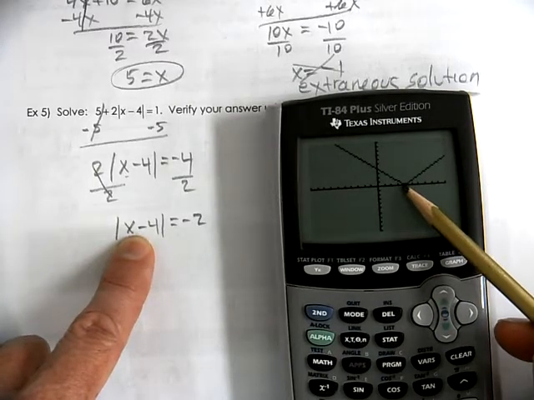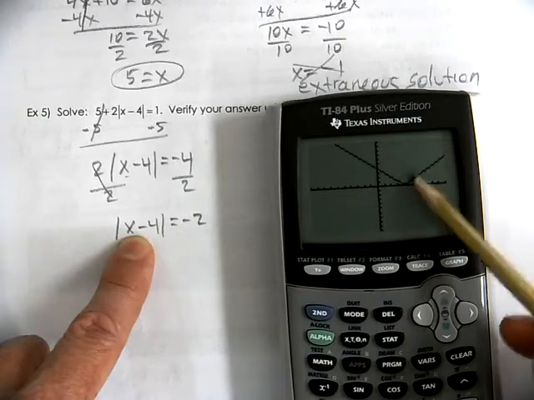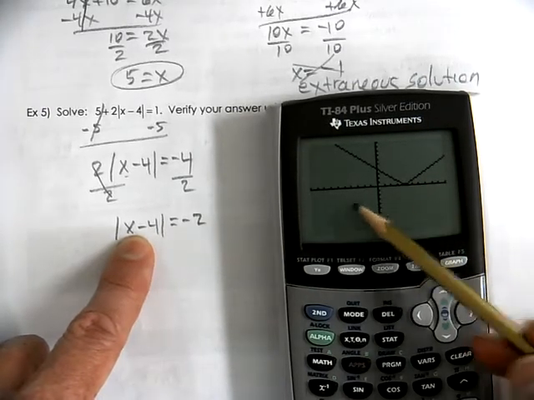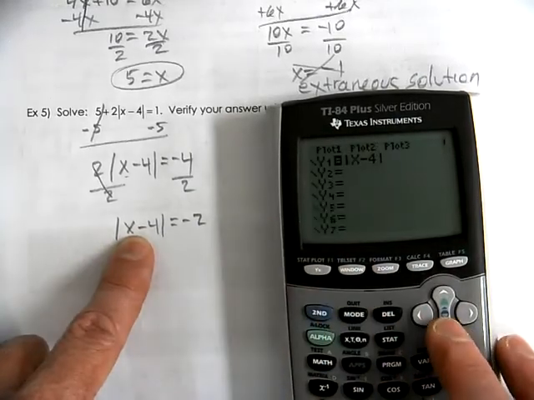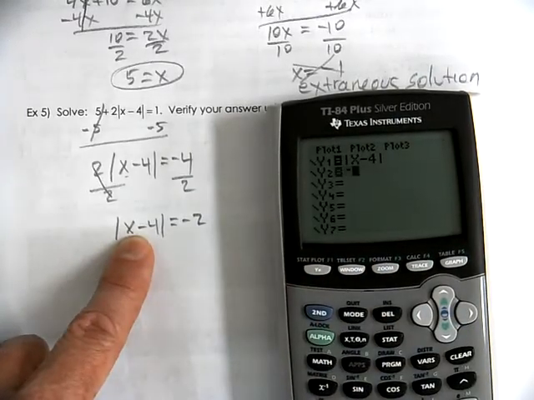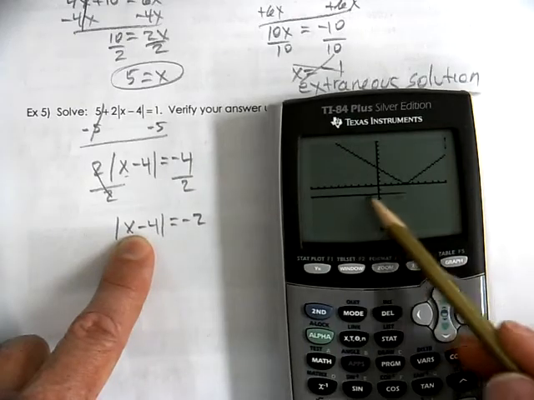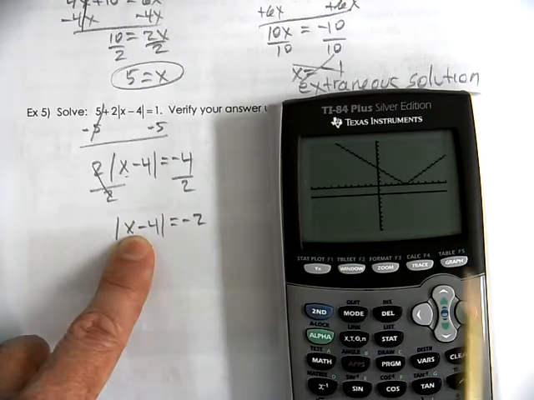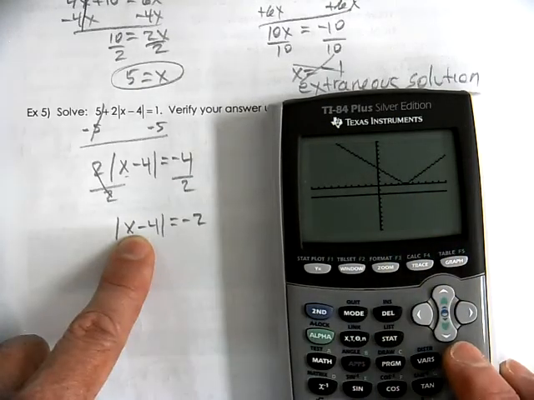That's x minus 4 for the absolute value over here. Notice it never touches negative 2. We can even type in negative 2, and you'll see that it never touches it. So that's why there's no real solution.